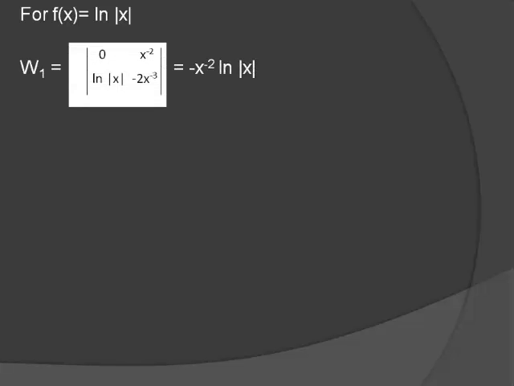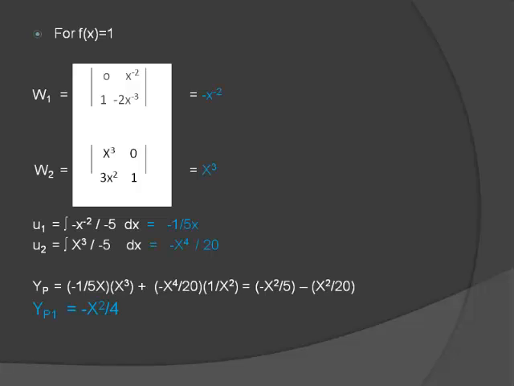So for f of x, which is equal to 1, we call this yp1, so negative x squared over 4, and the yp for f of x, which is equal to ln of x, we call this yp2.